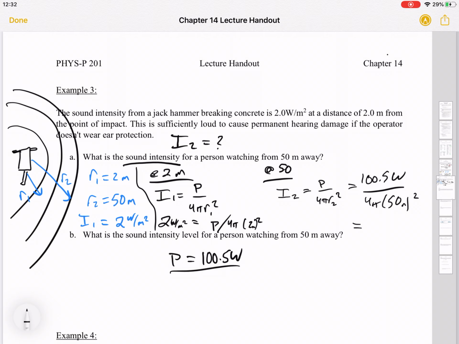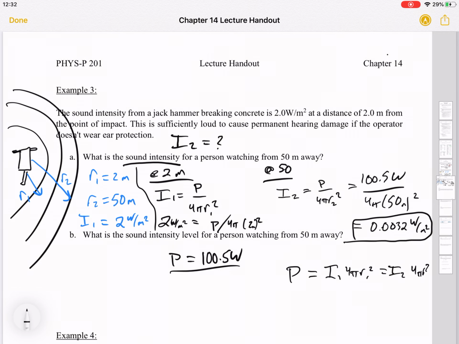So that's 0.0032 watts per square meter, or again, about 3 milliwatts per square meter. Okay, so that's my answer for the first one. I will point out that they have the power in common. So you could have said power equals I1 4 pi R1 squared, which also equals I2 4 pi R2 squared.